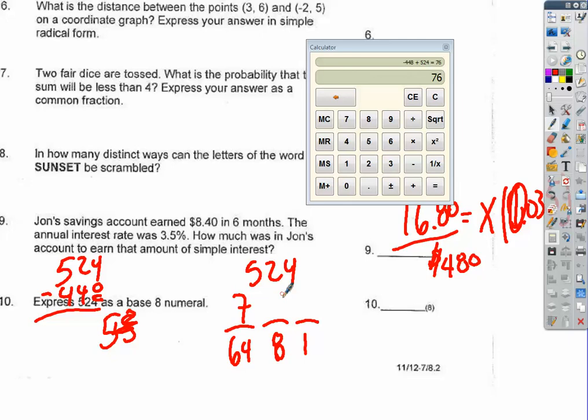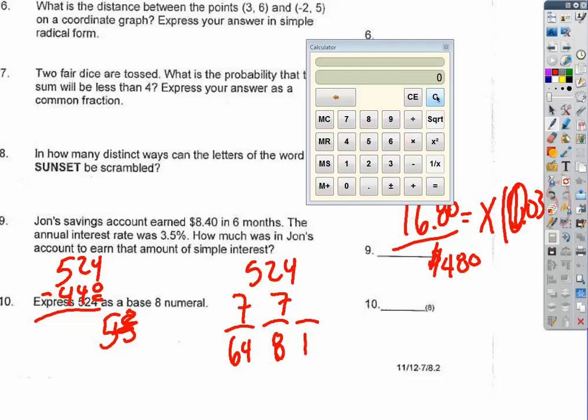So 8 times 7 is 63, right? So minus 63. My goodness. I hate it when this thing isn't working. 13 left over. Something is not working out quite right.